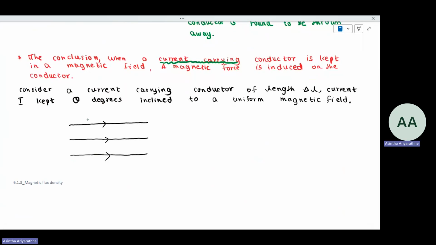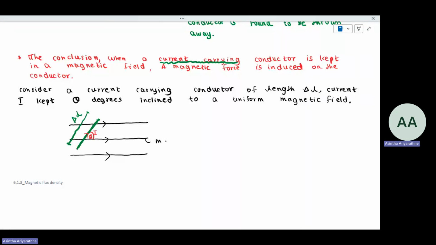And a current carrying conductor of length delta L and amount of current I is kept at an angle of theta degrees to the magnetic field.